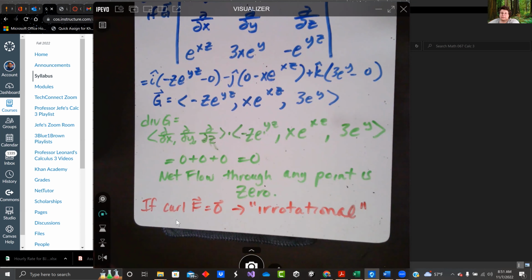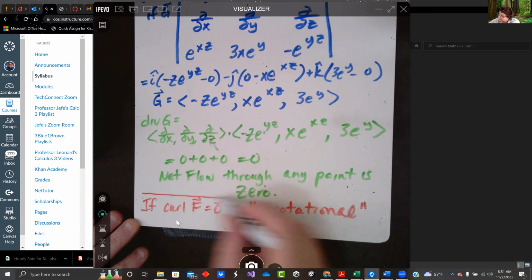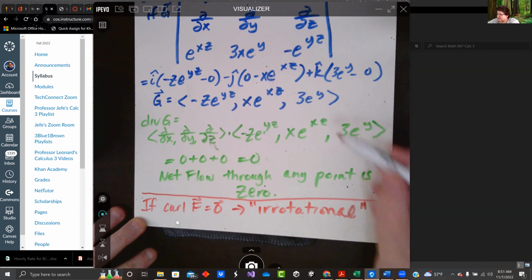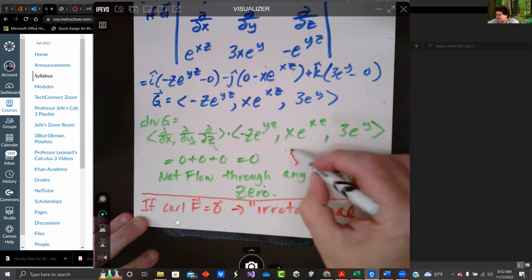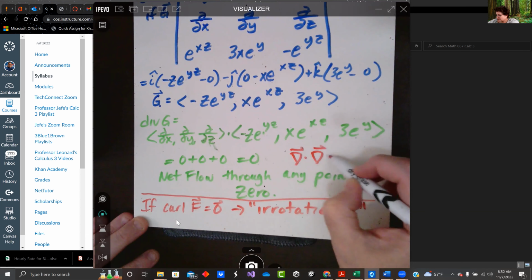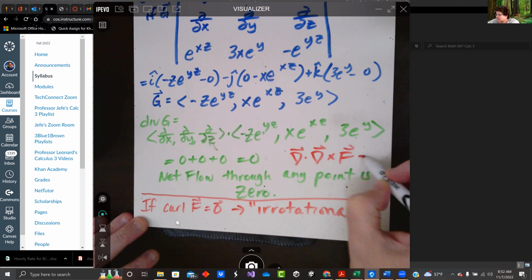But these two are unrelated. This was divergence being 0. We did the divergence of the curl. This is a true thing: the divergence of the curl of F is always 0.